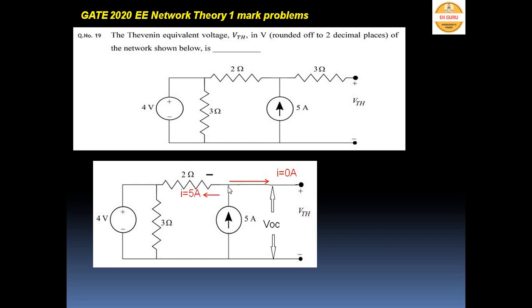The 5 amperes is flowing to this node. Here the current is 0, so the current will flow in this path only. Then the current flowing through the 2 ohms resistance is 5 amperes, so the voltage across the 2 ohms resistance is 10 volts.